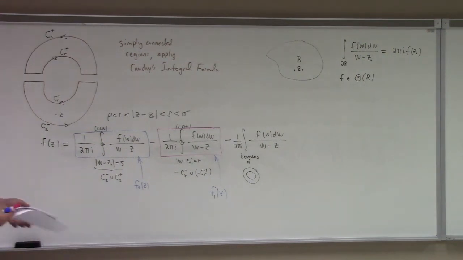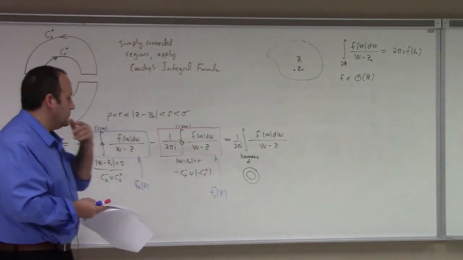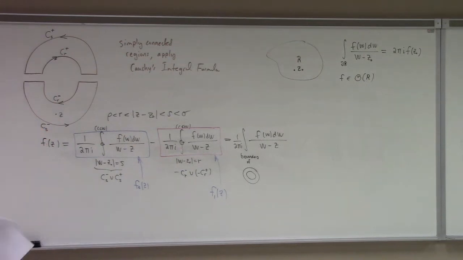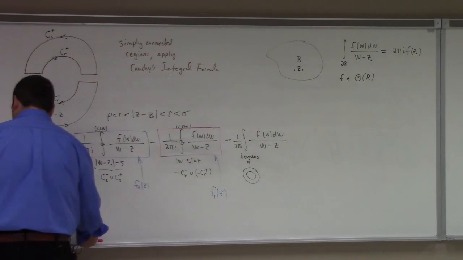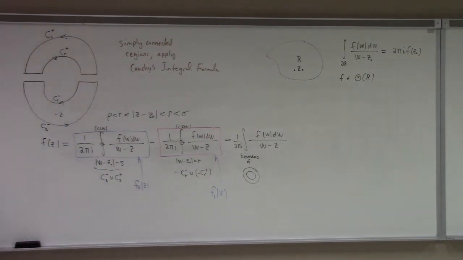On the other hand, over here, why would we get into trouble? Are you talking about between R and S or between rho and sigma?